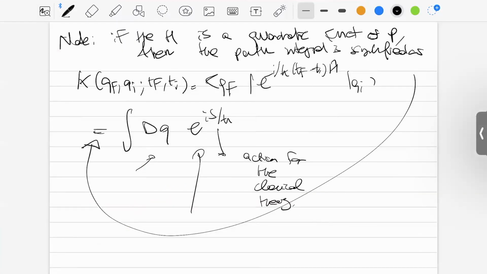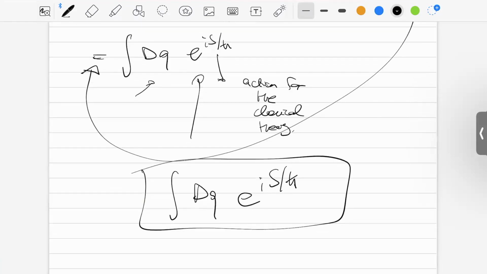This is the form that you don't have to forget: delta q e to the i s divided by h bar. This is a starting point for everything.